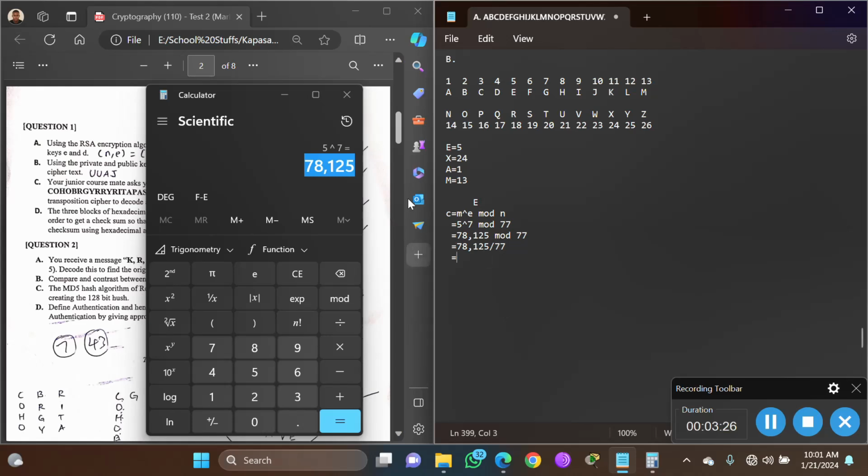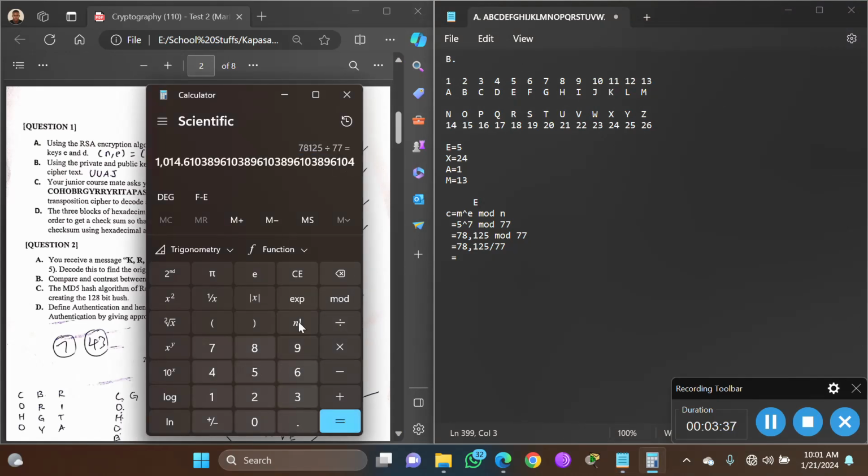So 78,125 divided by 77, but we will be only interested in the remainder. When you divide by the denominator, just get maybe 2 decimal places, not the whole answer. Getting 2 decimal places, we end up with .61.